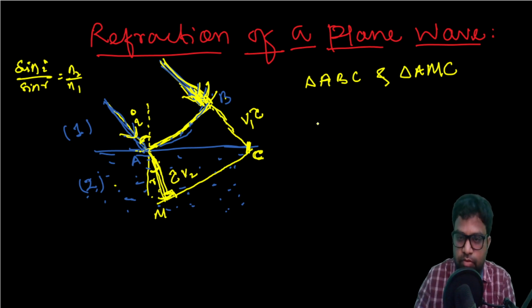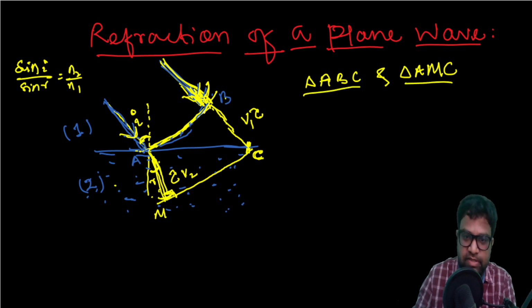So what we'll do, we'll find sin i and sin r in these two triangles, ABC and AMC. In ABC this is 90 degree, and this is 90 degree. Both are right angle triangles. So what is i in this triangle ABC?